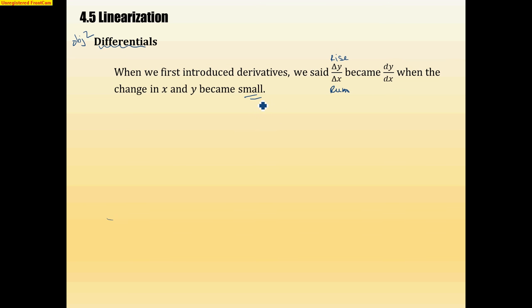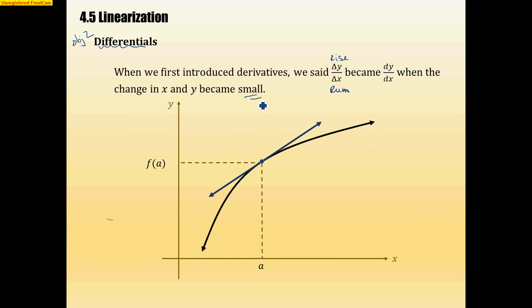So same picture that I had before. Remember this cloud, right? As long as I stay a small delta x away from a, that f of a is the same for the line as it is for the curve. At the point of tangency, they're exact, but if I go a small distance, now I'm choosing to go to the right, but I could have just as easily gone to the left.